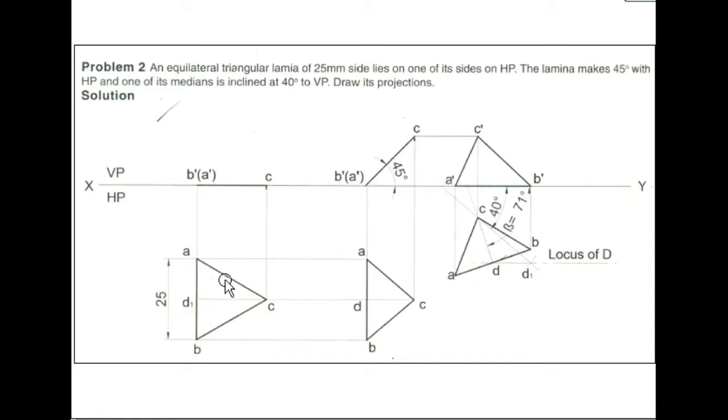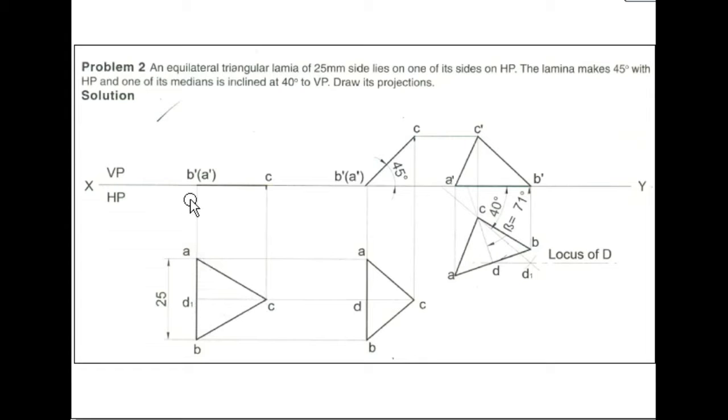So I will represent the equilateral triangular lamina and name it as A, B and C. But in this problem, he has also mentioned a median is inclined at 40-degree to VP. So I have to mention the median. So what do you mean by median? So the midpoint of a line, right? So I will mark the midpoint of this line and I will extend it up to the point C. Right. So I will name that as D1.